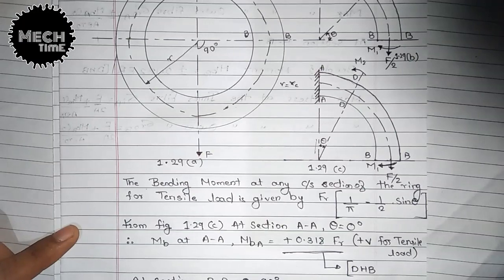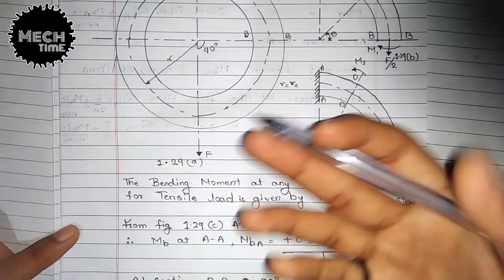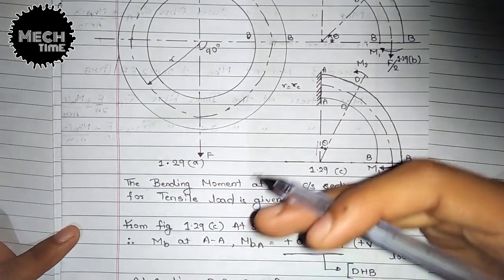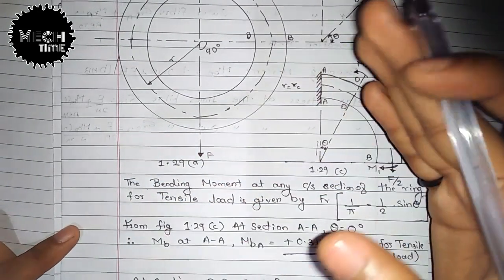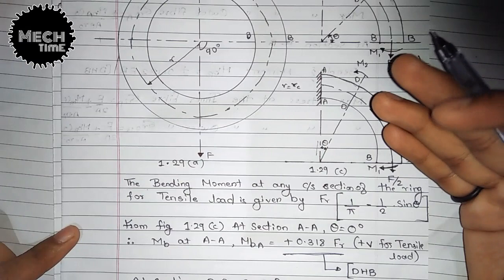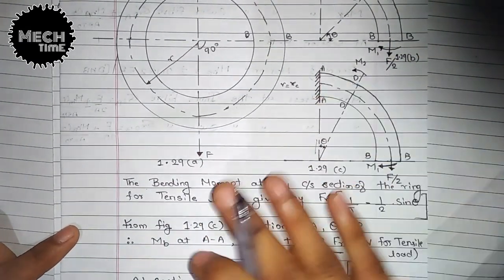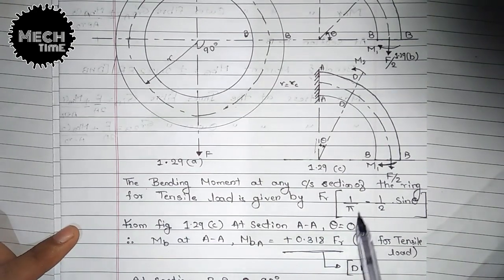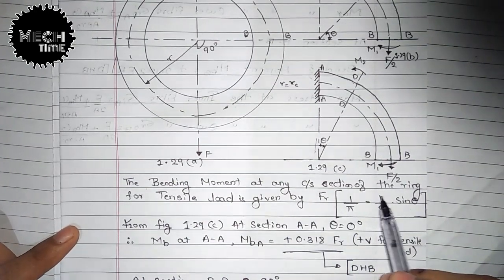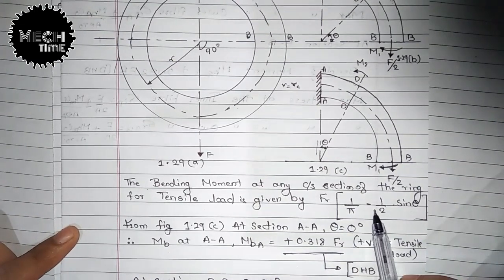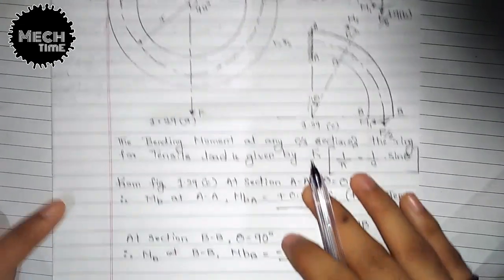Now we are seeing only the tensile load. Next, we'll find the maximum stress due to the bending moment at the inner fiber and outer fiber. Similarly, we are going to find it for tensile and compressive. So you can see here, the bending moment at any cross section of the ring for a tensile load is given by Fr (1/π − 1/2 sin θ).